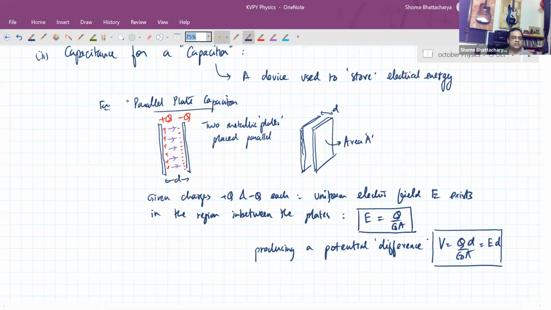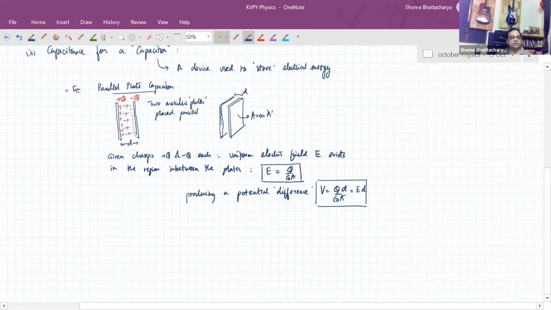So any capacitor, this is the example of the parallel plate capacitor, but coming back to the general situation.